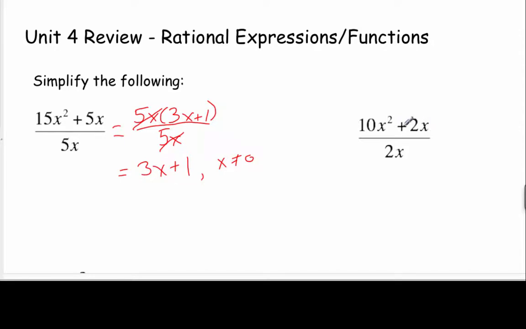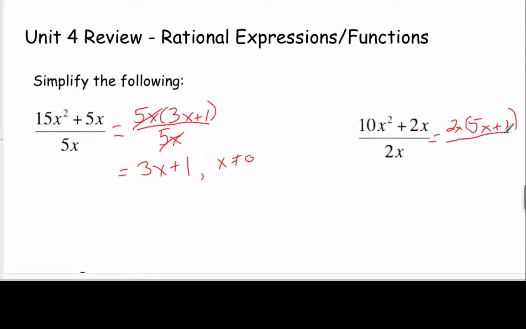So let's take a look over here at this example. Again, very similar. All I'm going to do is factor out, in this case, a 2x. Then I'm left with, if we divide this by 2x, 5x plus 1.